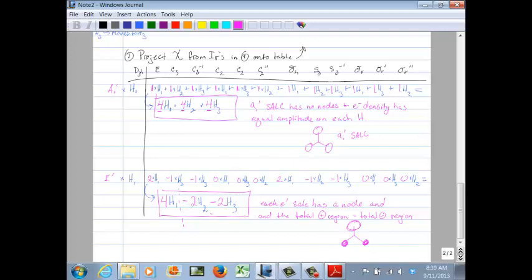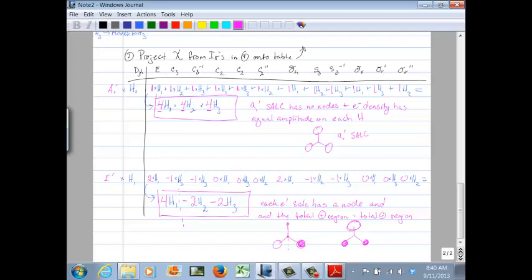The other one's a little bit less intuitive, but it follows the rules that each SALC has a node and the total positive region is equal to the total negative region. So instead of drawing electron density in all three atoms, we could leave the node in the plane of one of the atoms, where you have a positive lobe on one side and a negative lobe on the other, and those two things have equal intensity.